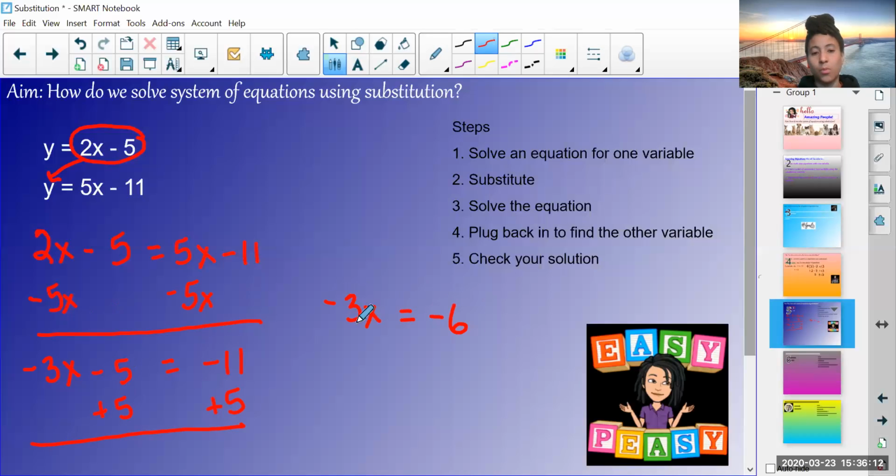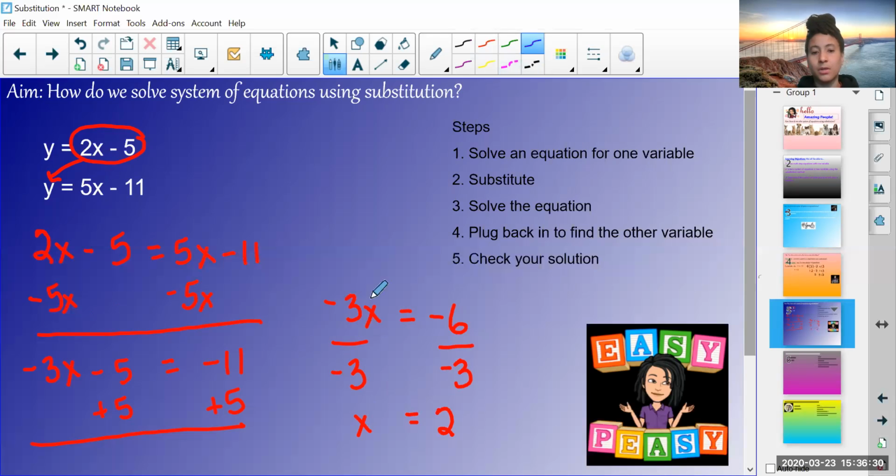From here, we want to divide both sides because the operation with the x is multiplication. And we're dividing by that coefficient, which is negative 3. What I do to one side, I must do to the other. So we now know x is equal to 2.